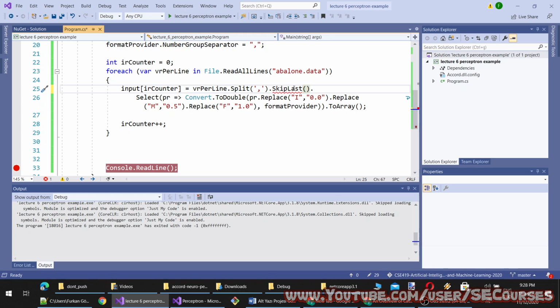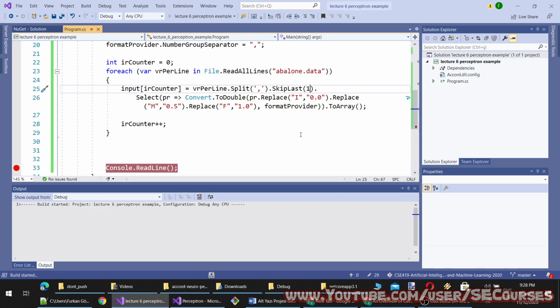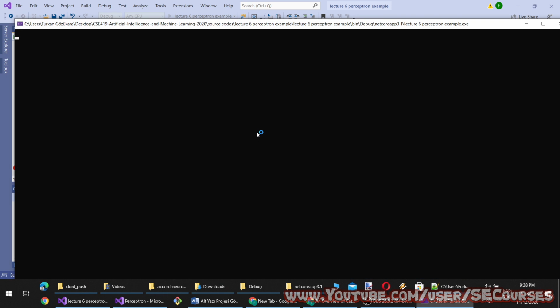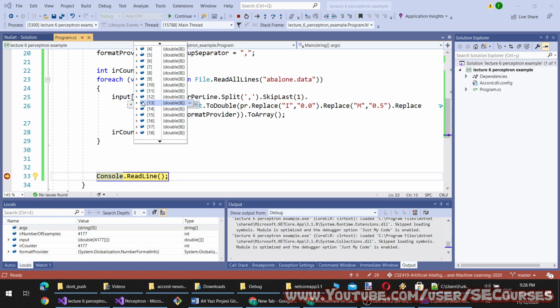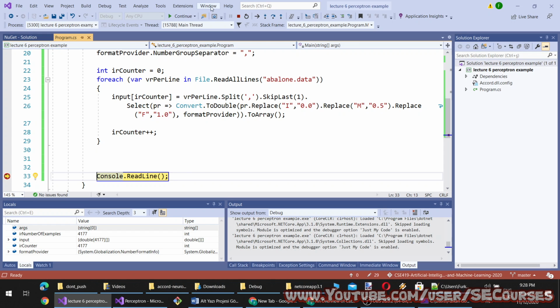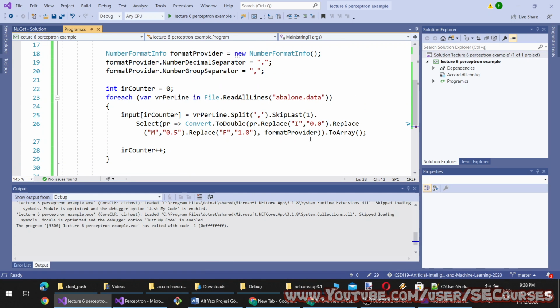I'm not sure whether this will work or not. Skip last one. Okay, let's try this way. I will take only the first 8 values in the text file; the last one is the class. Okay, yes, looks correct.